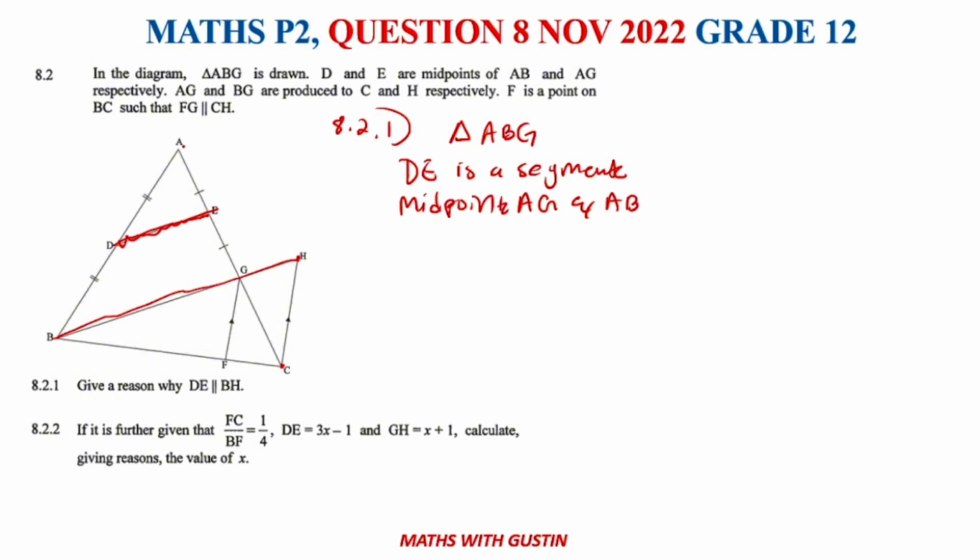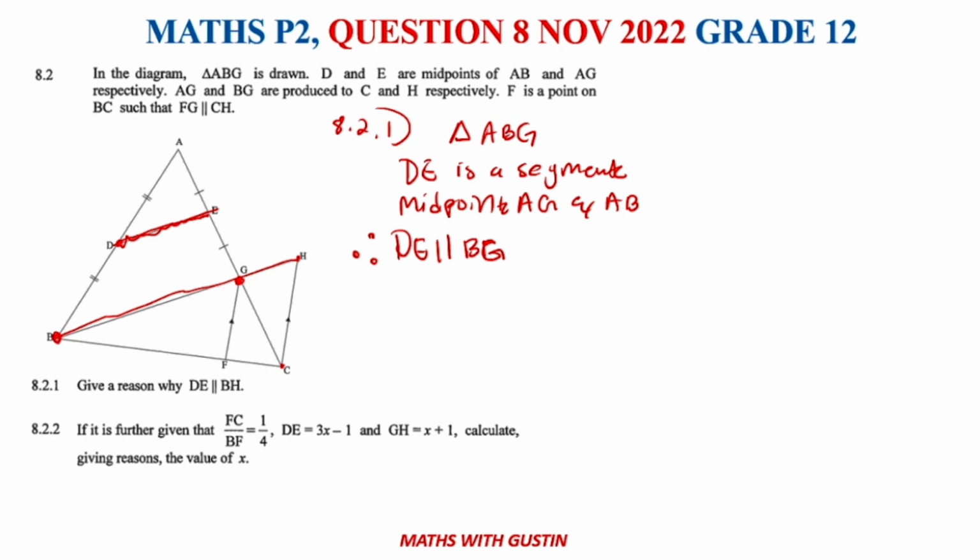G is here, and also with AB. So there's a midpoint there. It cuts at equal dimensions, which is marked there. So if we have a line that is cutting the sides at equal dimensions, therefore DE should be parallel to BG.